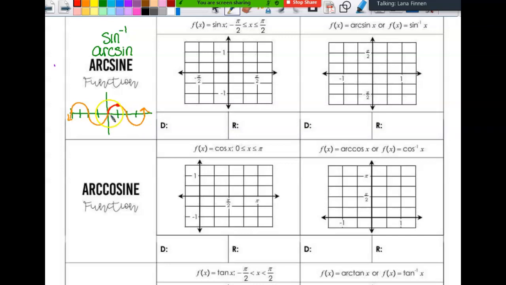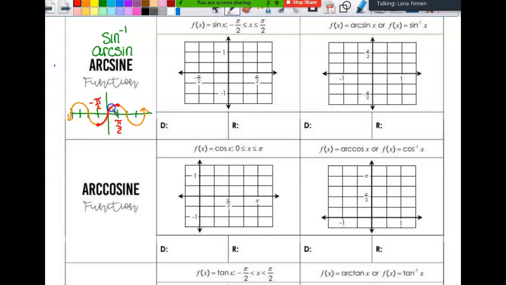So I can't go past pi halves without it starting to repeat my y values. If I start going backwards on my graph, I'm not repeating any y values yet. I get down to negative 1, and if I keep going backwards, I'm going to start repeating my y values. So this is negative pi halves.